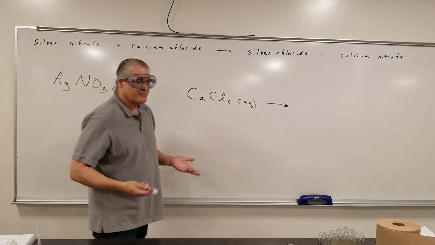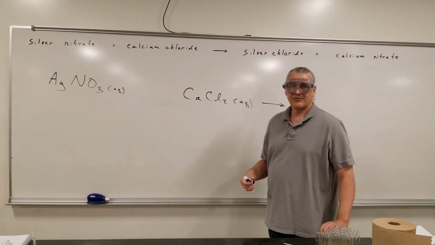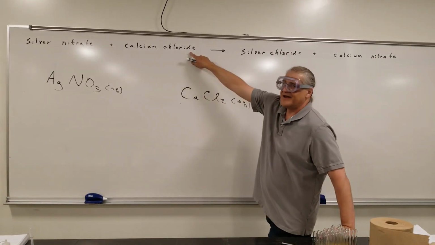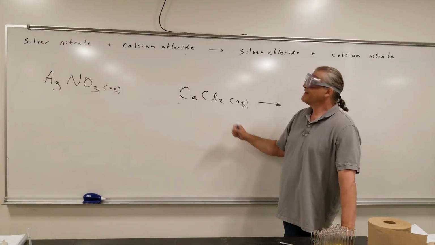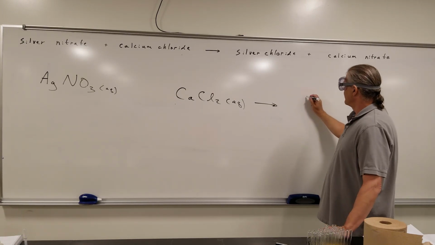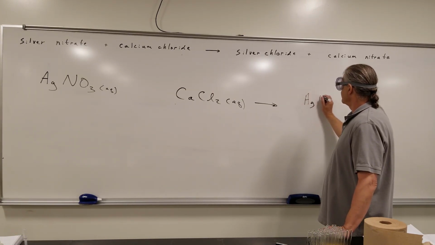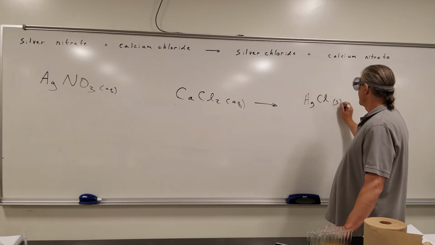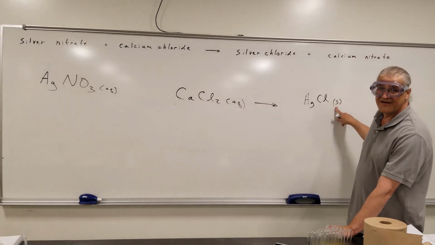So half of this report sheet is an exercise in naming chemicals, or nomenclature, going from the name to the formula. So it produced silver chloride, which is AgCl. That was the precipitate. The little (s) means solid.